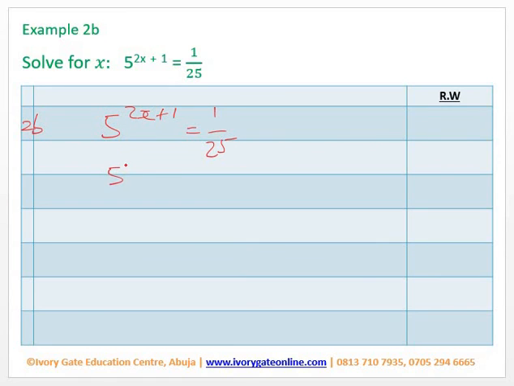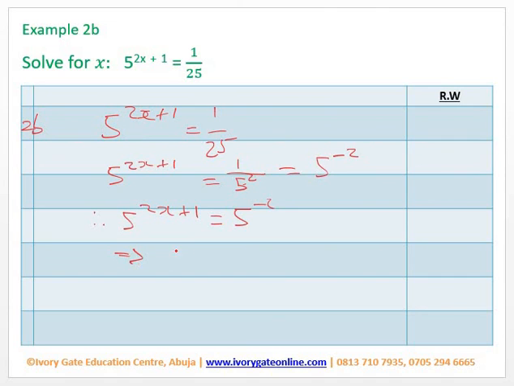This will give us 5 raised to power 2x plus 1 is equal to 1 over 25. 25 is 5 raised to power 2. Therefore, this is the same thing as 5 raised to power minus 2. Therefore, here 5 raised to power 2x plus 1 is equal to 5 raised to power minus 2.